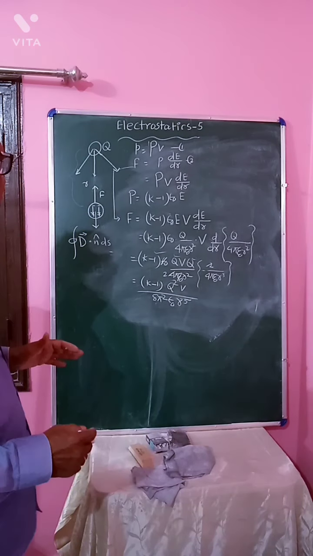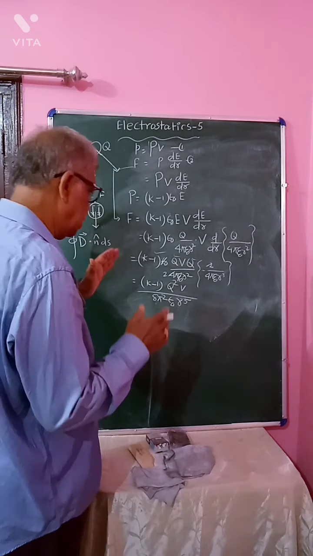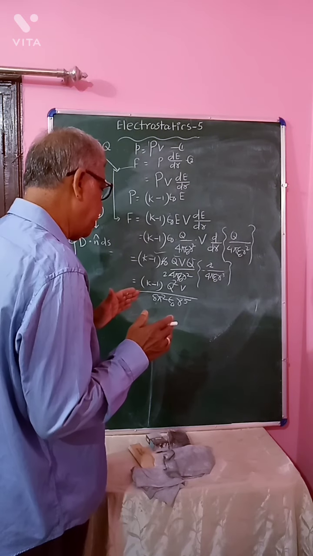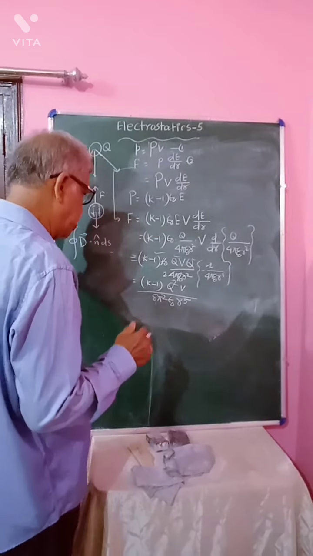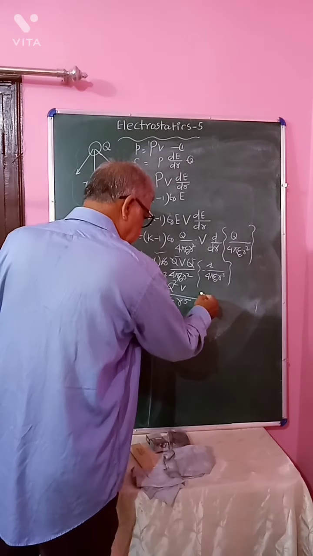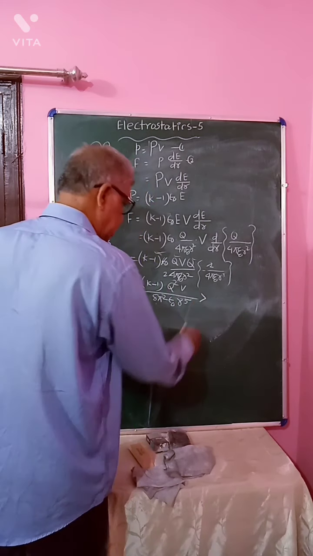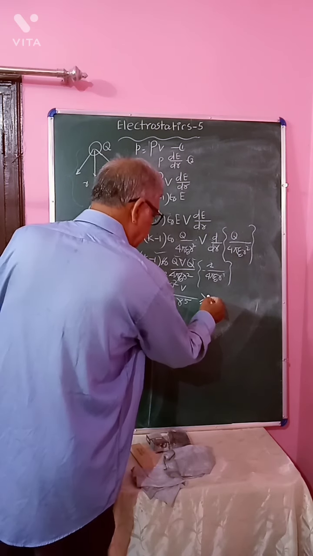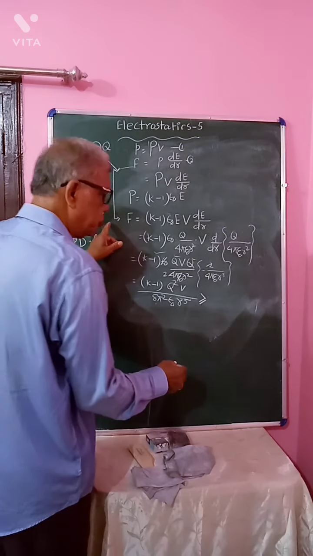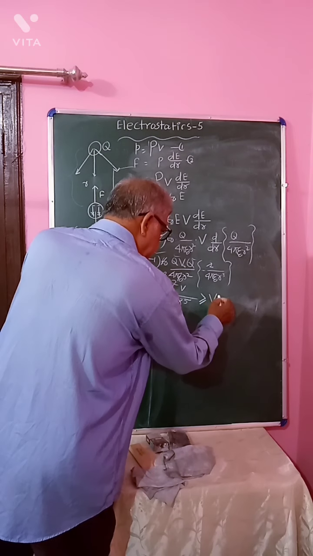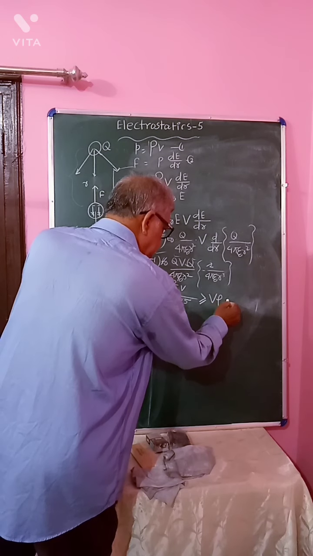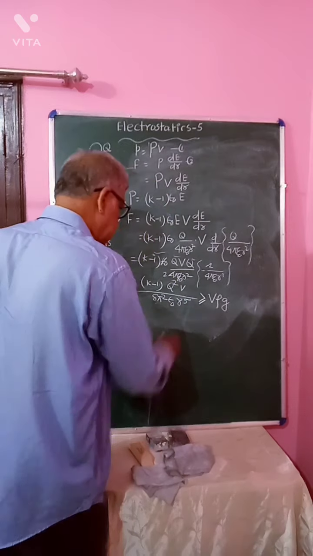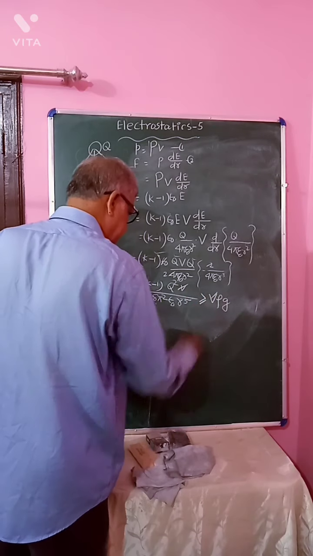Now we want that this force, due to the electric field produced by the charge Q, should be greater than or equal to mass into acceleration due to gravity, that is, volume into density into acceleration due to gravity. So the volume cancels.